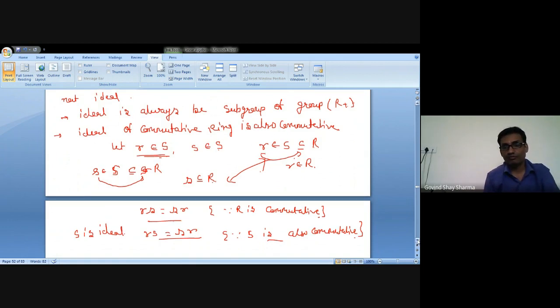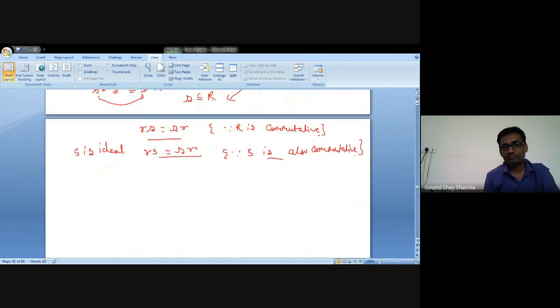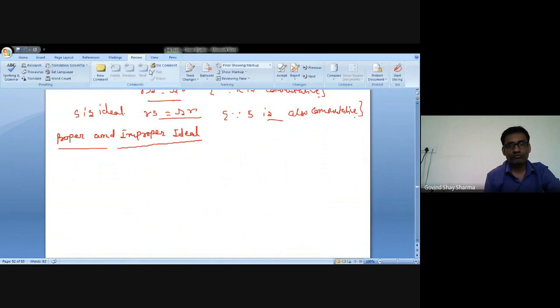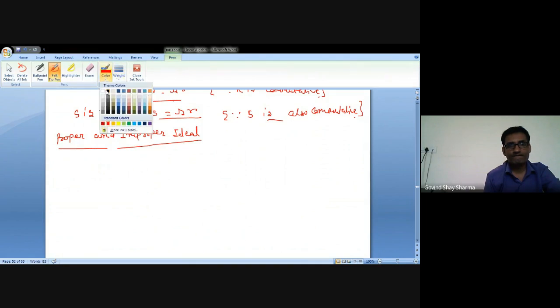Now there are some definitions of proper and improper ideals.